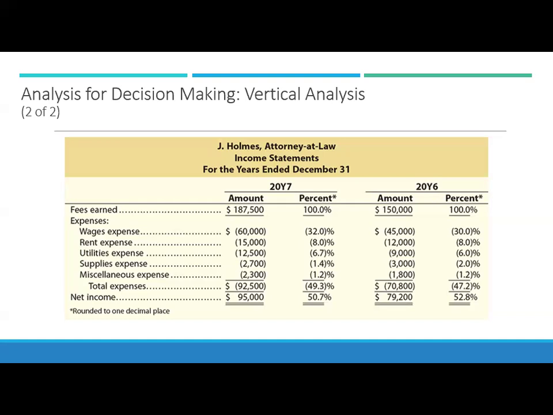We increased our profit by almost $16,000. But why did our margins decrease? Like what actually quantitatively describes what contributed to that? And we're taking everything as a percentage of total revenue. So we can see that of the 2.1% decrease in profit margin, wages expense increased 2%.